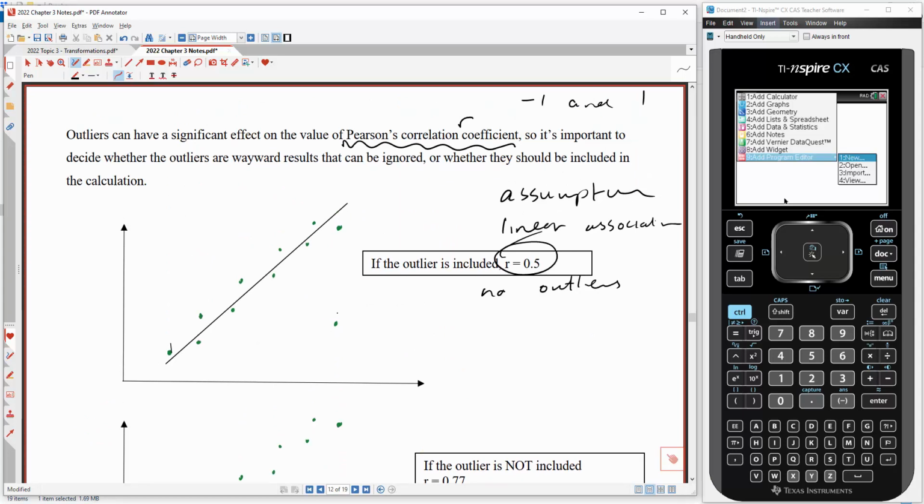If you were doing research and this was your data set, you would seriously consider this data point and try to work out whether you include it or exclude it from the data set, because whatever we're investigating here, this EV and RV, it's worth proceeding with the investigation if we see a pattern like this, even though the R value is only 0.5.